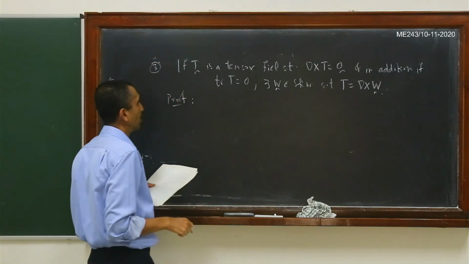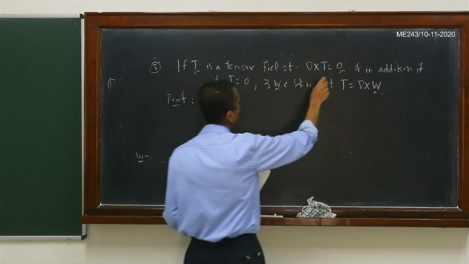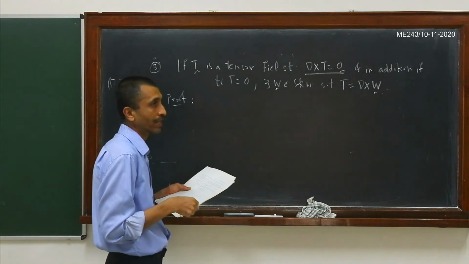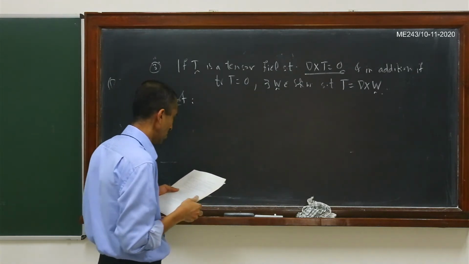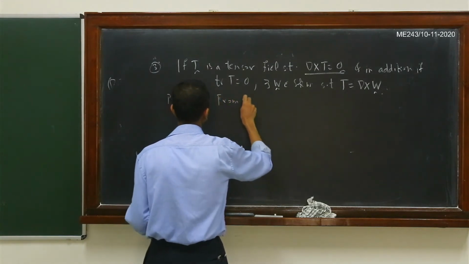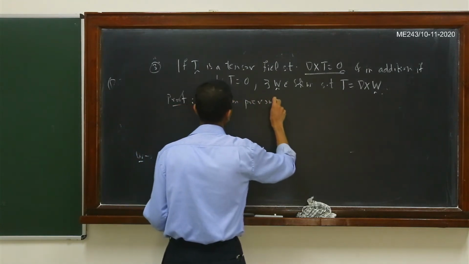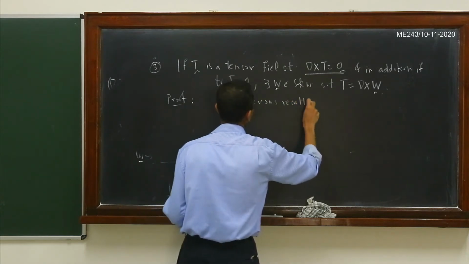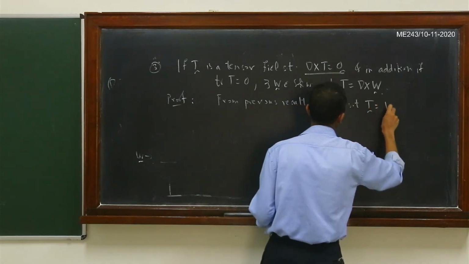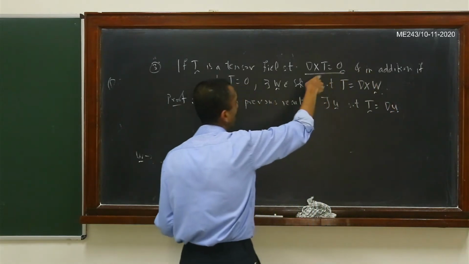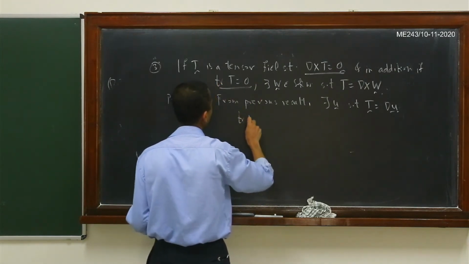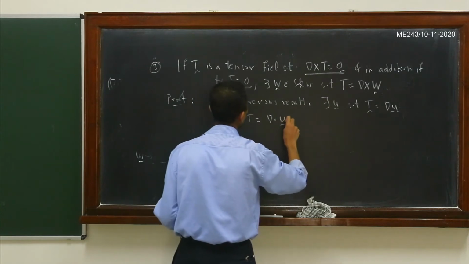So we have already shown that if T is a tensor field such that del cross T is equal to 0, then there exists a vector U such that T is equal to del U. Right? So from the previous result, there exists U such that T is equal to del U. Right? And now we have said that in addition, trace of T is equal to 0. So trace of T is equal to del dot U is equal to 0.